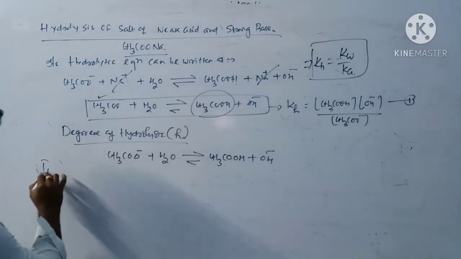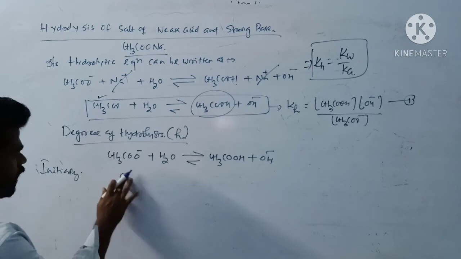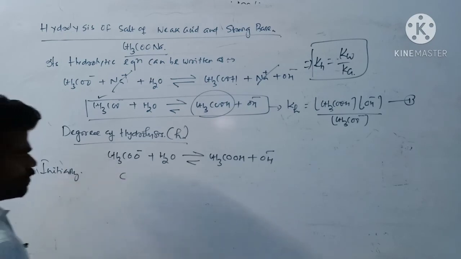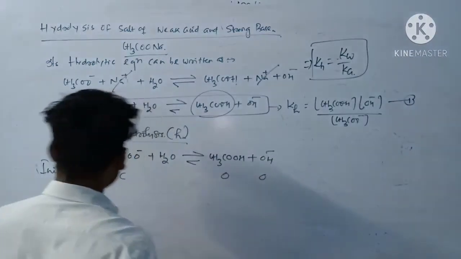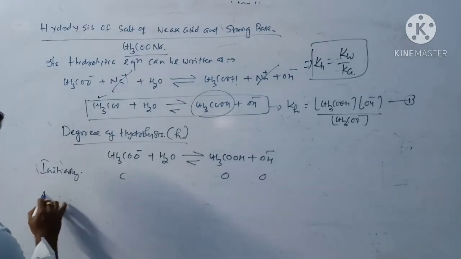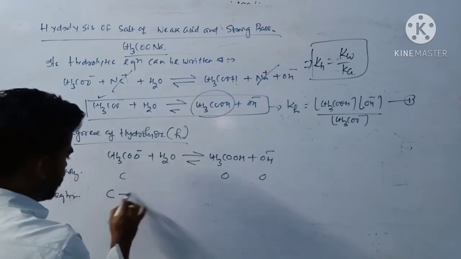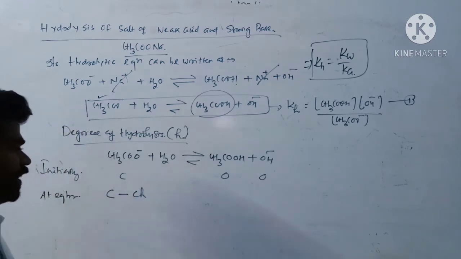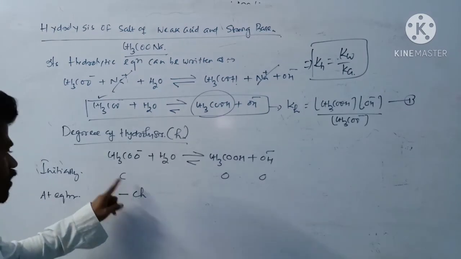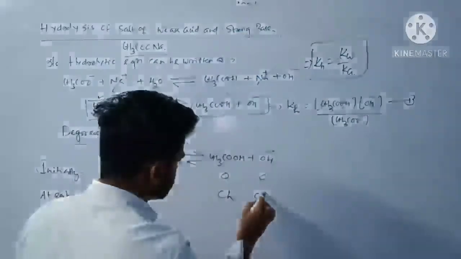So initially, if this is C molar, then 0 and 0. So at equilibrium, what will I get? C minus Ch, where h is the degree of hydrolysis for 1 mole; for C mole, Ch, remaining C minus Ch. So here it will be Ch.